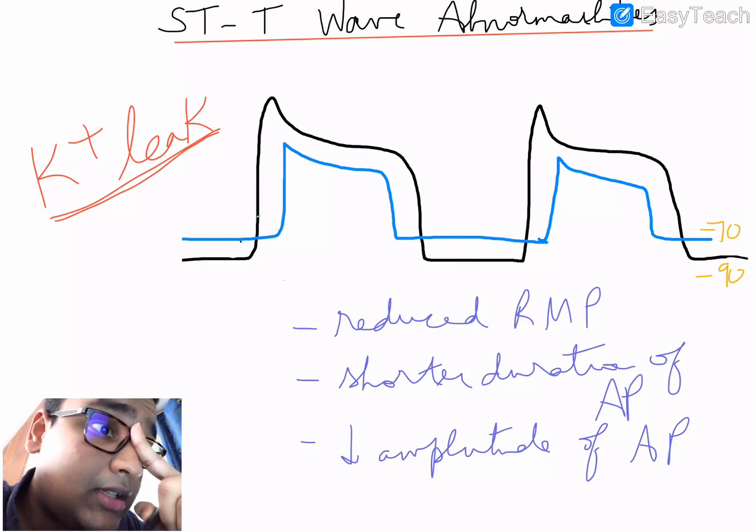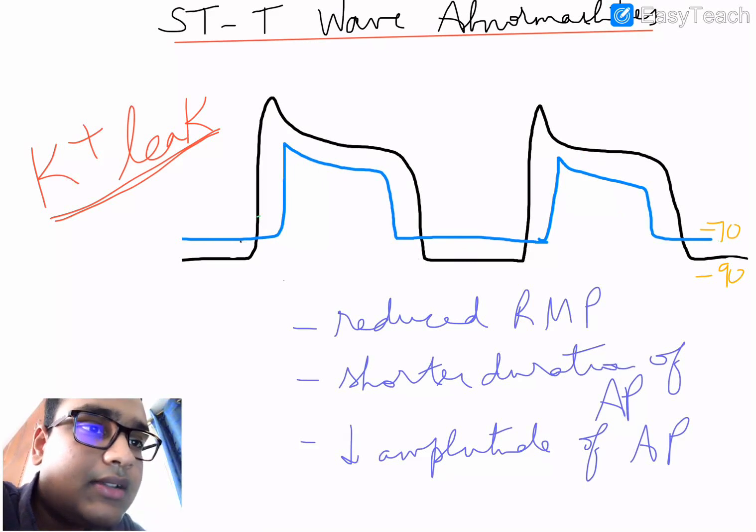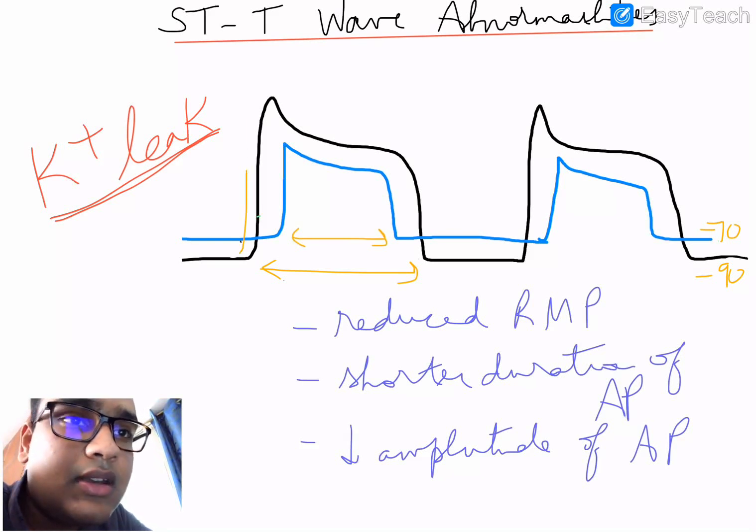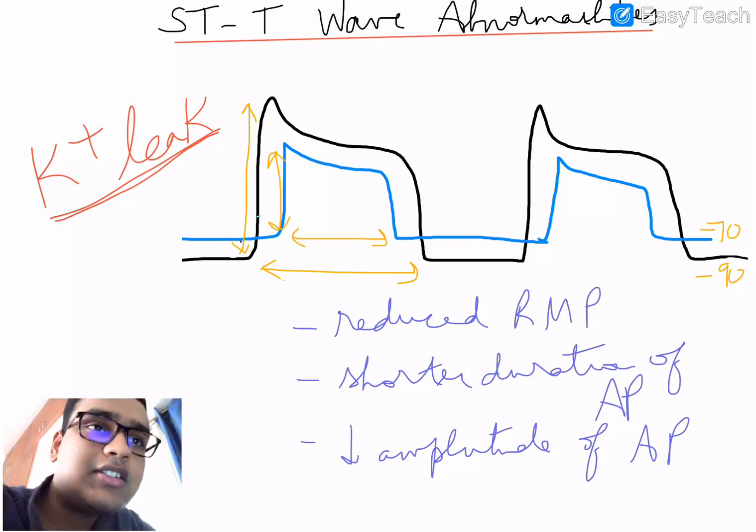The second thing is there is decrease in the duration of action potential. This is the normal duration, and in a cell with ischemia, the duration is decreased. The third thing is decrease in the amplitude. This is the normal, and this is the cell with ischemia. There is decrease in amplitude of action potential.